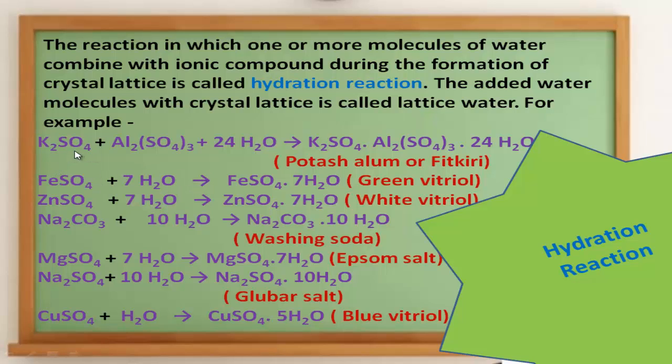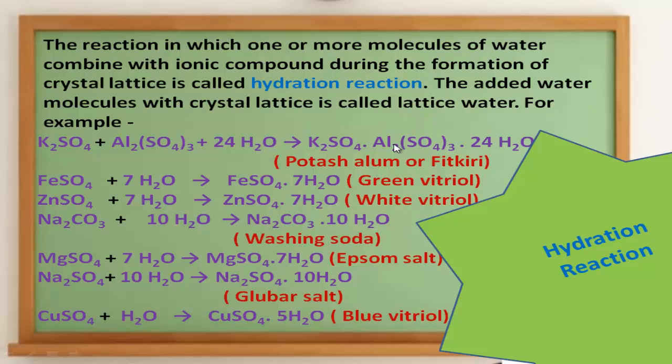Follow here, potassium sulfate reacts with aluminum sulfate and 24 molecules of water, and they directly combine together and form this crystal lattice. This type of reaction is called a hydration reaction. That means the water molecule is present as a reactant, but it is directly combined with the ionic compounds to form a crystalline substance.